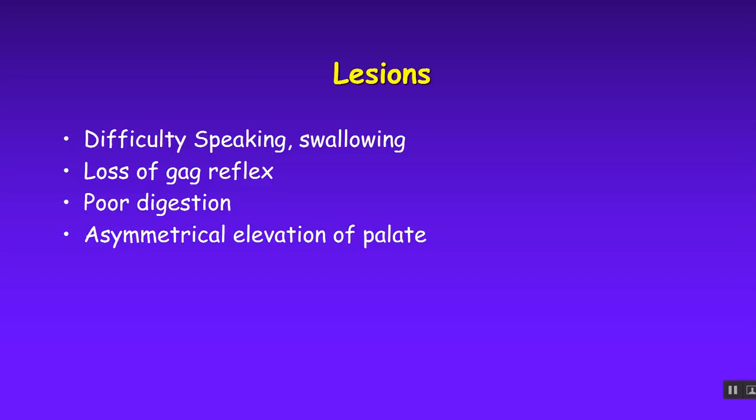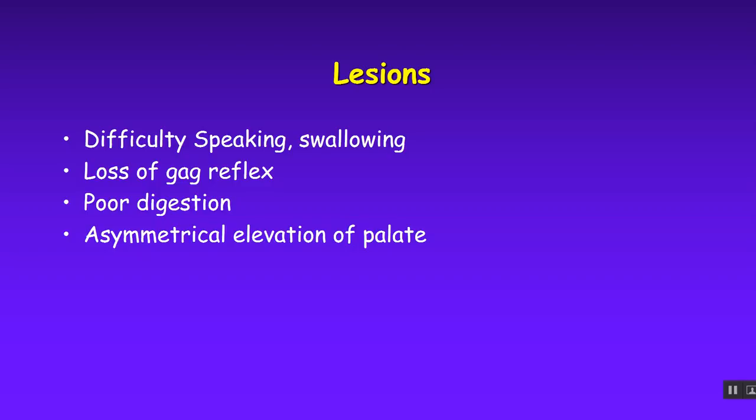Because when you have somebody say "ah," you would normally look in the back of their throat and see the soft palate elevate equally on both sides, and the uvula go up symmetrically, in the center, okay? If somebody has a problem with cranial nerve number 10 on one side, so if my right cranial nerve 10 is impacted, and I tell the patient to say "ah," my soft palate on the right will not contract appropriately.